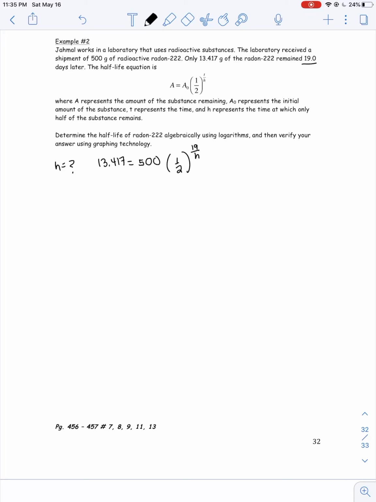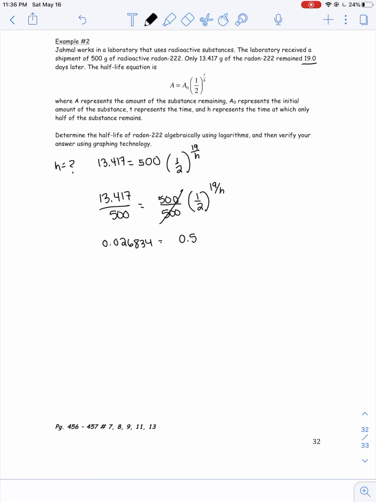Step 1, we're going to divide both sides by 500. Those are gone, leaving us with 1/2 on the right side to the power of 19 over h. And then 13.417 divided by 500 is 0.026834.